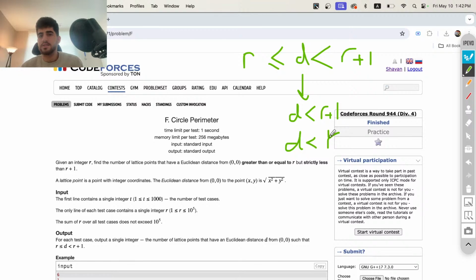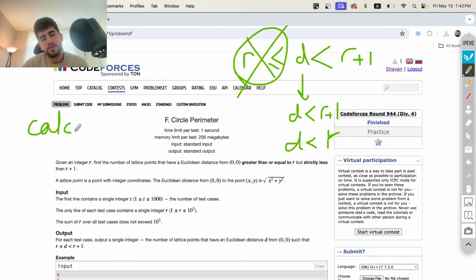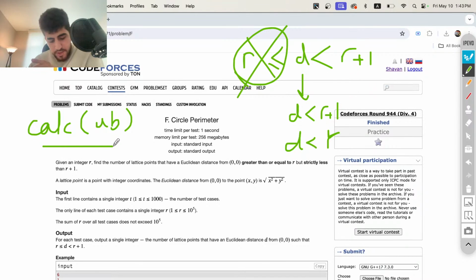This is a very good idea, because this way I don't need to worry about this bound. I can just write a function and solve the problem for just my upper bound, and then I can call this function twice and just print the answer. So first of all, I can get rid of my lower bounds.